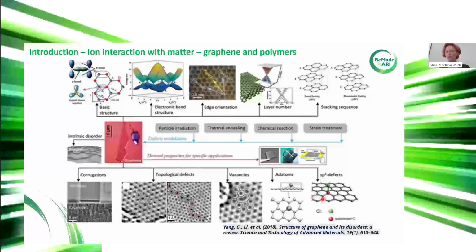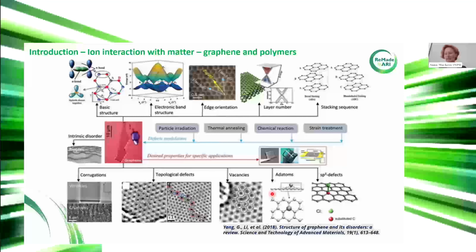Additionally, we can also add heteroatoms. It depends which heteroatoms we introduce into the structure by ion implantation and how we implant them. It means where they will be sitting and what the symmetry of the system will be. And on this symmetry again depends a very important feature.